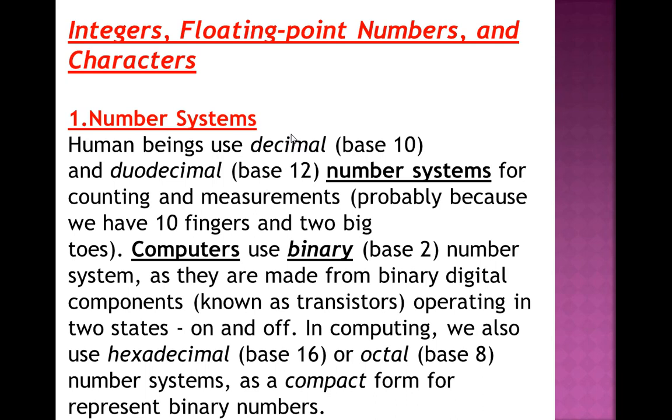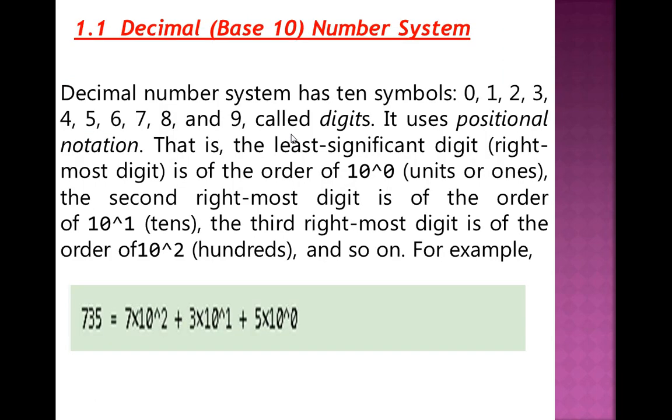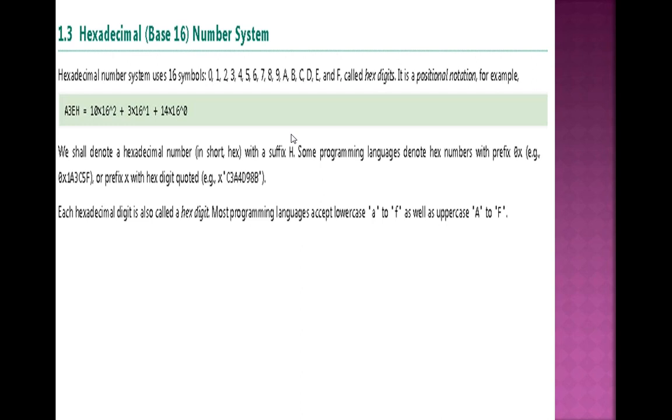In this we studied the first topic, the number system. Number system is how we represent any number in a computer. Then we studied the decimal number system that has base 10, starting from 0 and ending with 9.